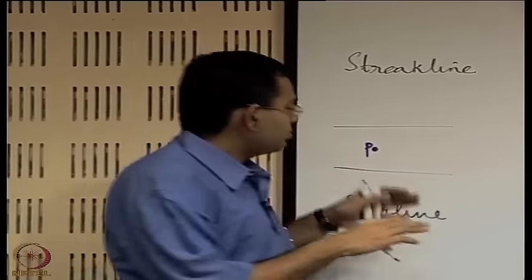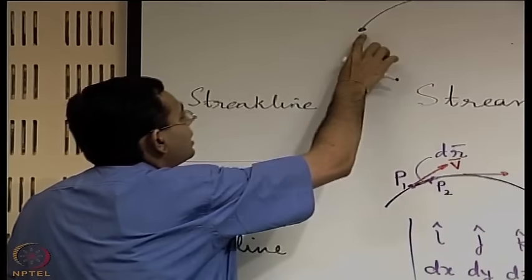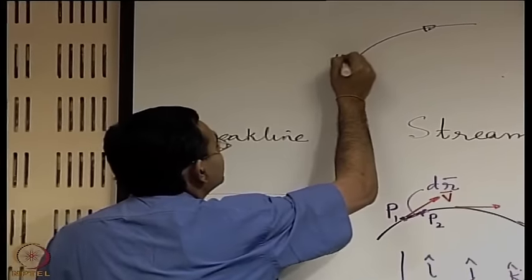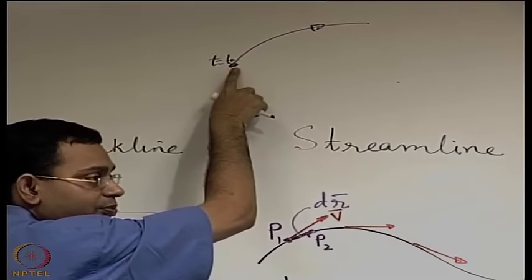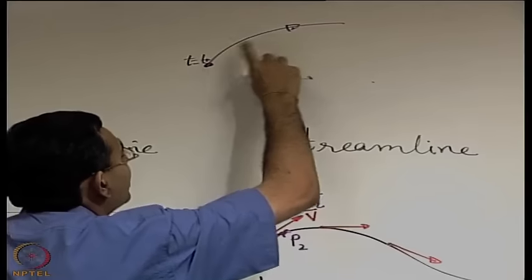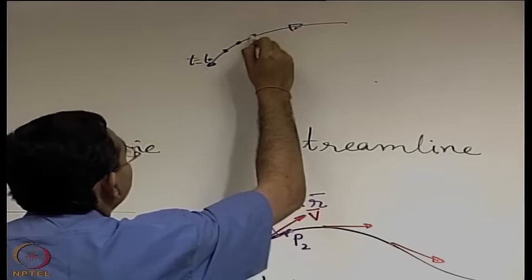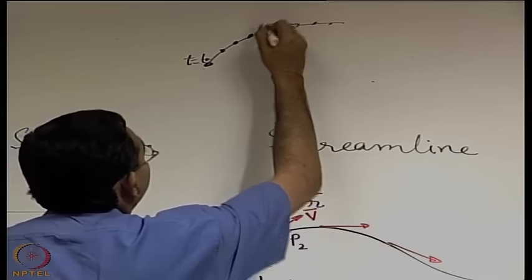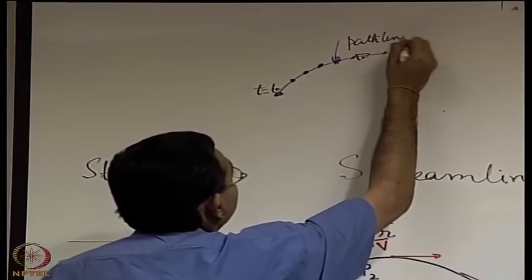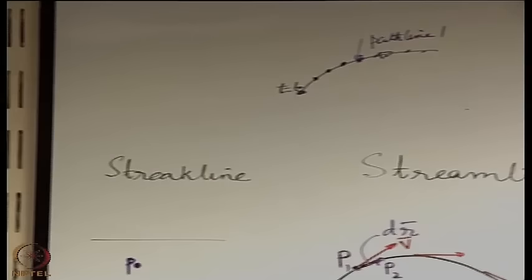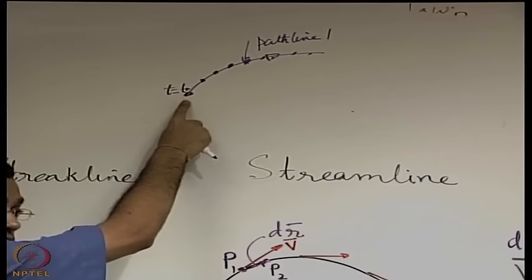So when we want to draw different path lines, say at time t equal to t0 you have one fluid particle which passed through this point of dye injection. That fluid particle at subsequent instants of time is passing through different points. So this is path line 1. What is that path line 1? Path line 1 is the path line of a fluid particle which passed through the point of dye injection at time equal to t0.